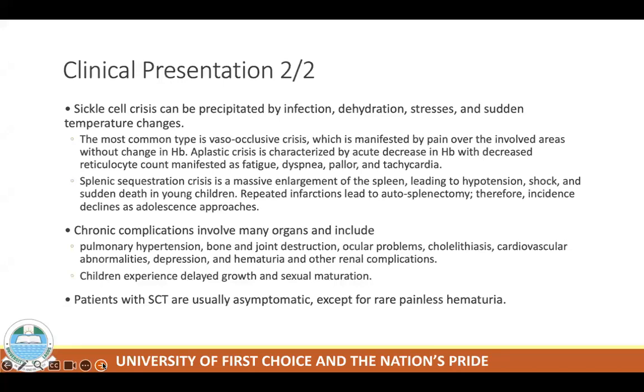Chronic complications involve many organs: pulmonary hypertension, bone and joint destruction, eye problems, cholelithiasis, cardiovascular abnormalities, depression, hematuria, and renal complications. Then children may experience delayed growth and delayed sexual maturation as well. We mentioned earlier on that patients with sickle cell trait are usually asymptomatic, except for rare, painless hematuria.